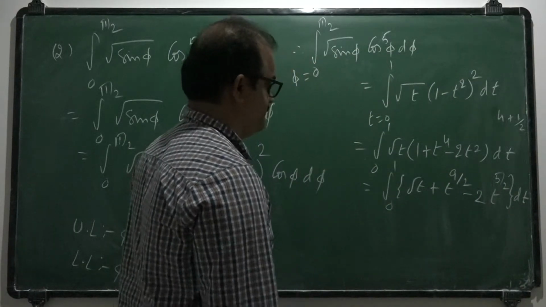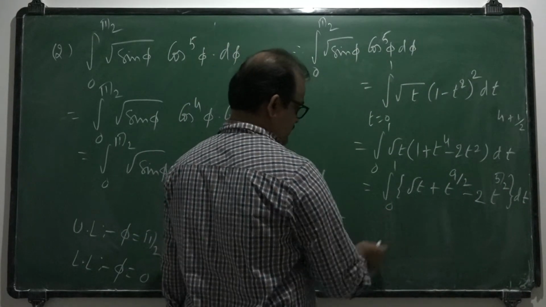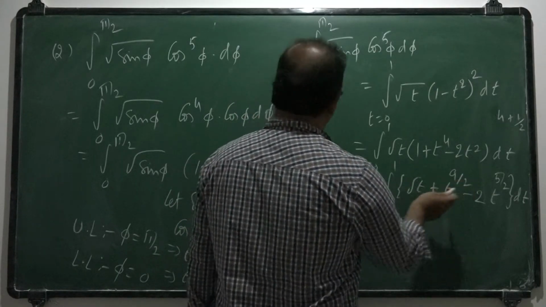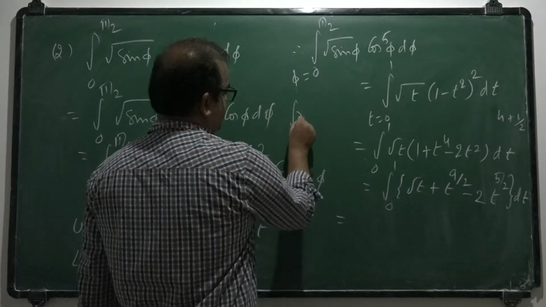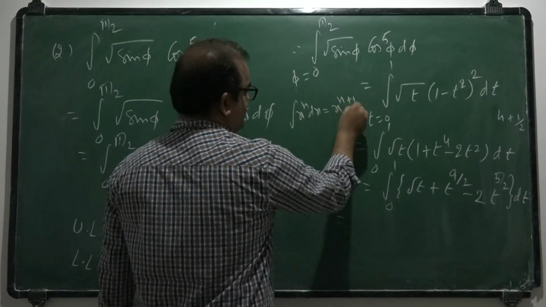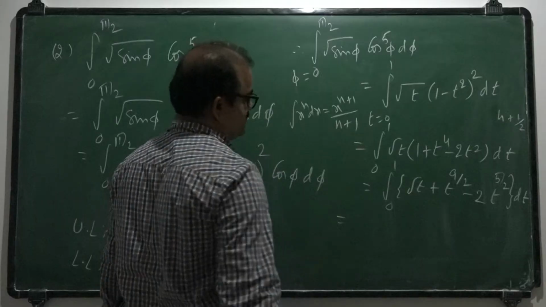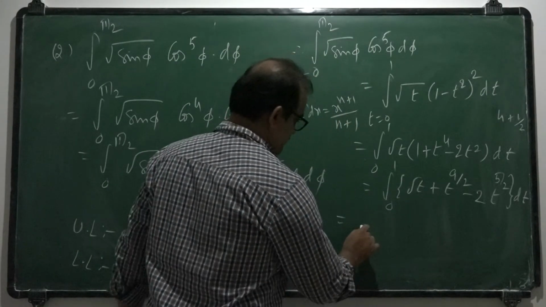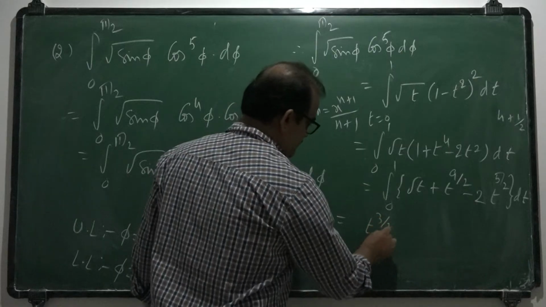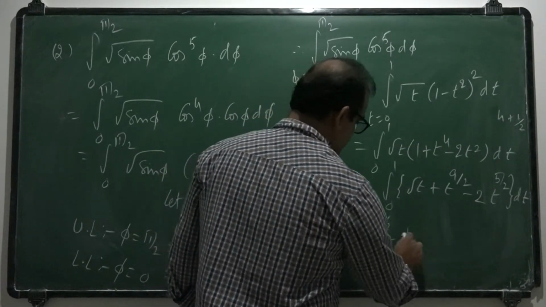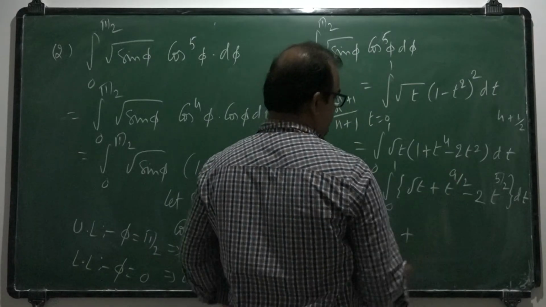Now integrate root t, or t power 1 by 2. Apply the formula: integral x power n into dx is x power n plus 1 by n plus 1. Here n is 1 by 2. From this formula it is t to the power of 3 by 2 by 3 by 2, plus t power 9 by 2.